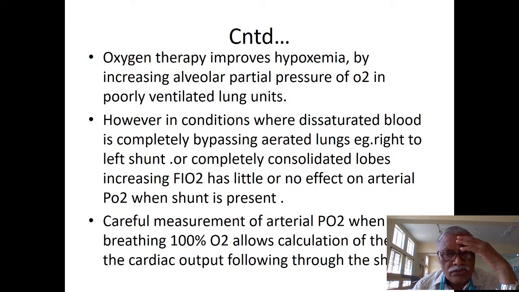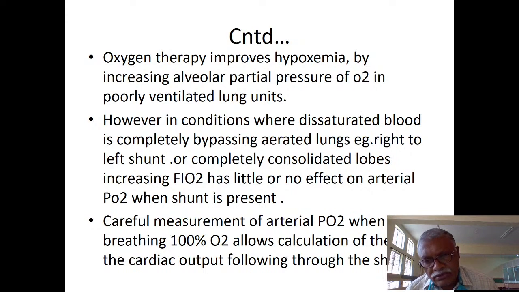However, in conditions where dissaturated blood is completely bypassing aerated lungs, for example right to left shunt or completely consolidated lobes, increasing the fraction of inspired oxygen has little or no effect on arterial partial pressure of oxygen when there is a shunt, that is a right to left shunt present in the heart or in the lungs or elsewhere.